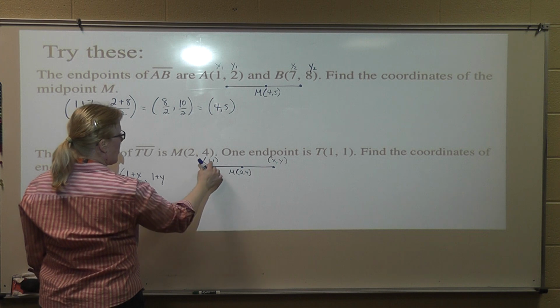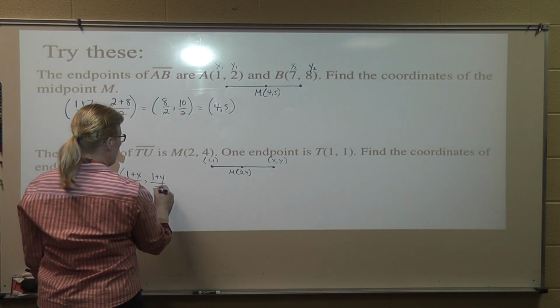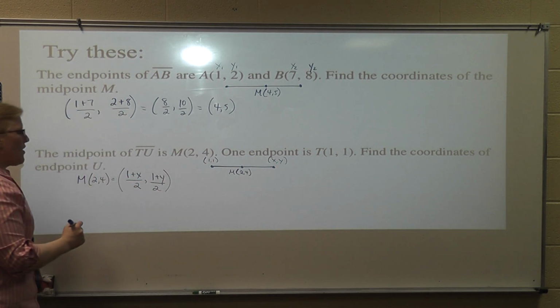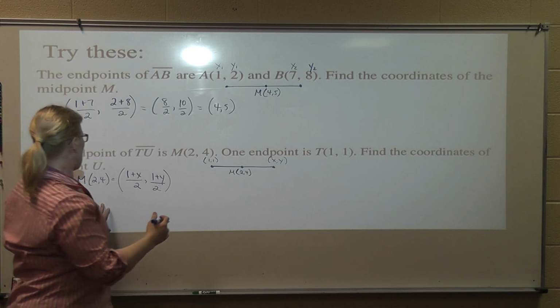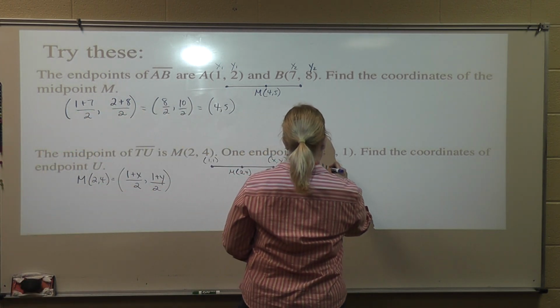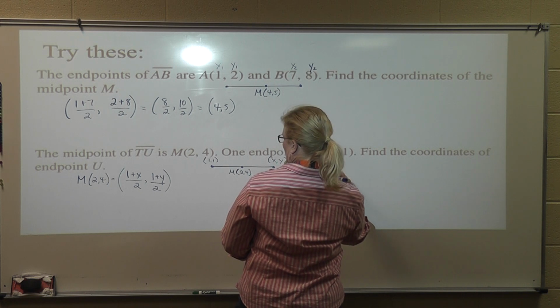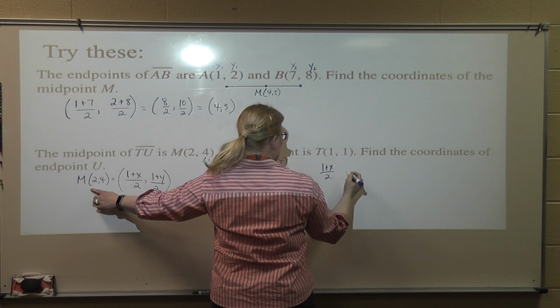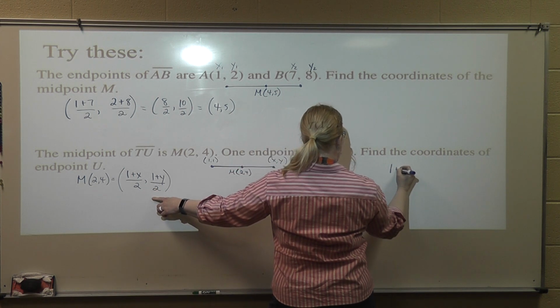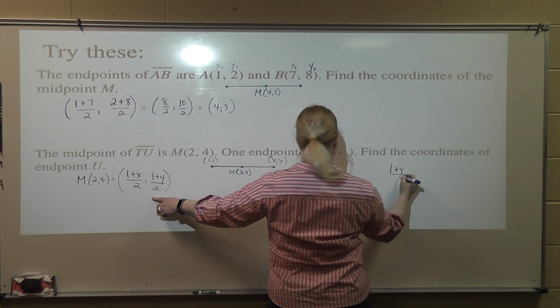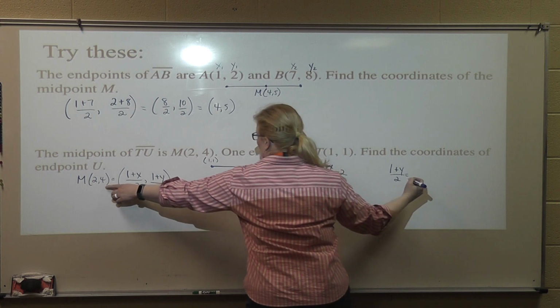So 1 plus y over 2. And now I've got my two separate equations again. So I've got 1 plus x divided by 2 equals 2 to get my x value, and I have 1 plus y over 2 equals 4.